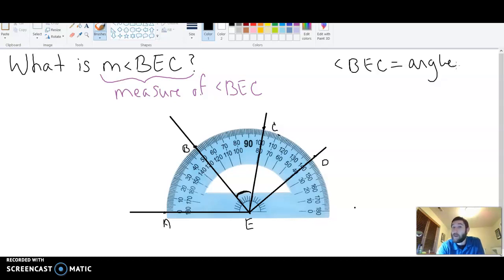And so, since we don't care about distance, what we're actually working with in our examples down below are a series of rays. EA is a ray, EB is a ray, EC is a ray, and ED is a ray. So they're all arrows going off, and so an angle happens when two rays meet at one point.